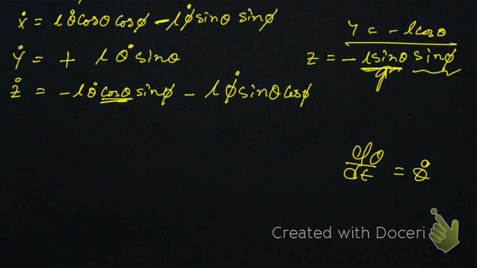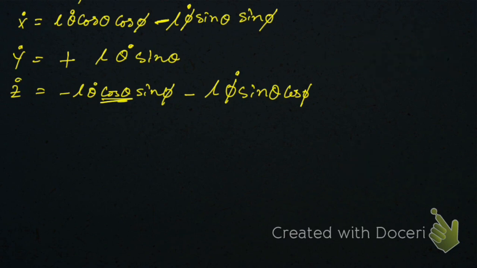So now let me clean these things. Now you see, we know that the Lagrangian L is T minus V. T is your kinetic energy, right? Kinetic energy is given by half m v square.